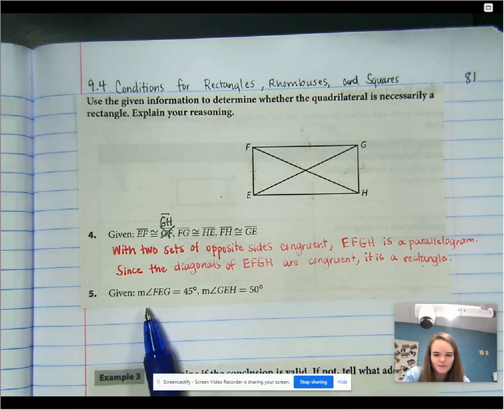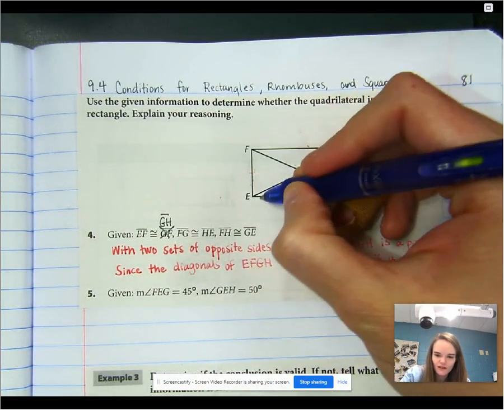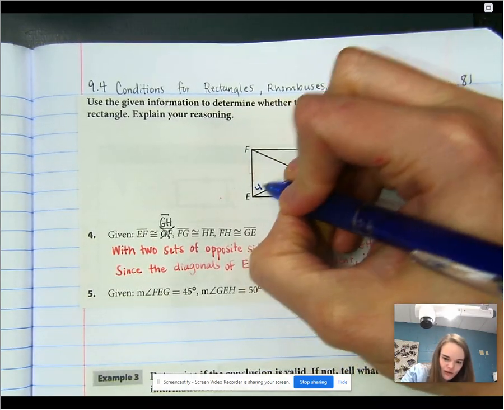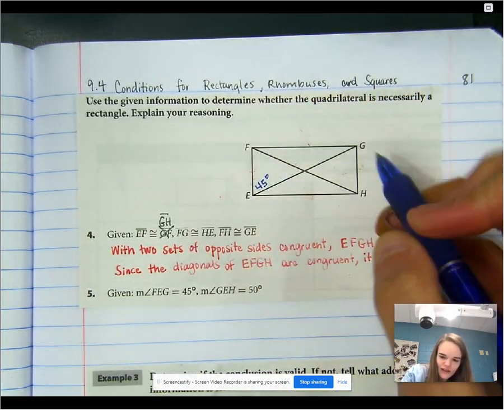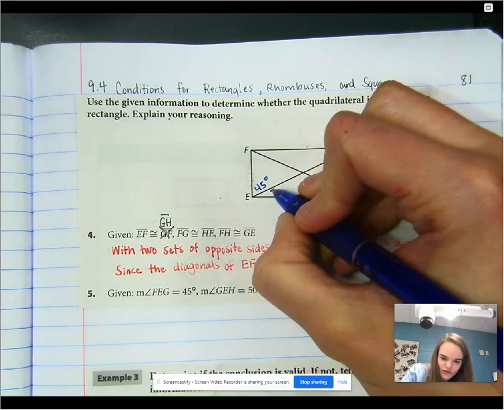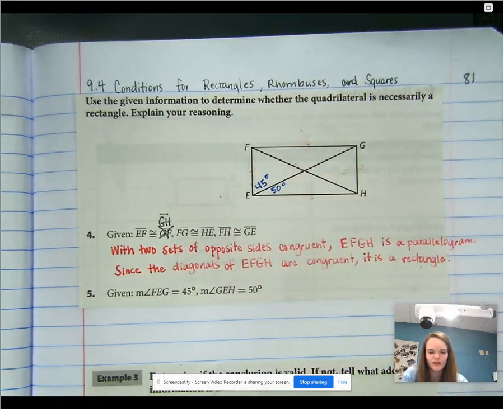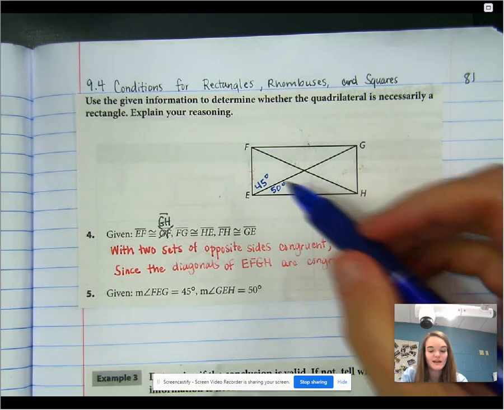Okay. Given that angle FEG is 45 degrees and that angle GEH is 50 degrees, is it a rectangle? Well, I don't even care if it's a parallelogram or not. That's 95 degrees.